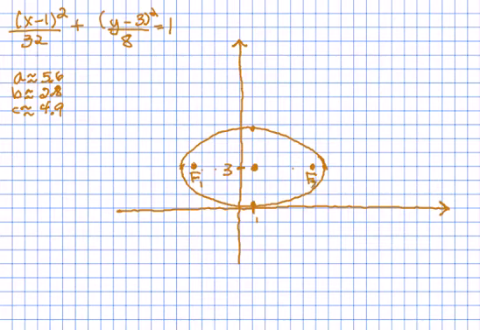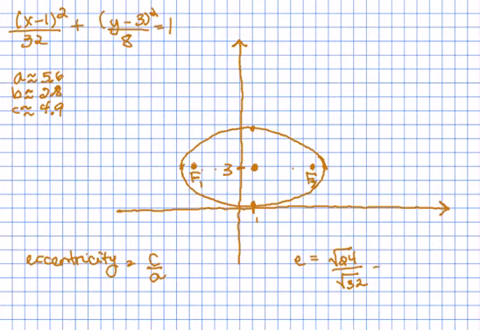One thing that I forgot to calculate before was the eccentricity. Remember that to calculate the eccentricity of an ellipse, or of any of our conics, it's equal to c over a. And so for this particular ellipse, it is the square root of 24 over the square root of 32.